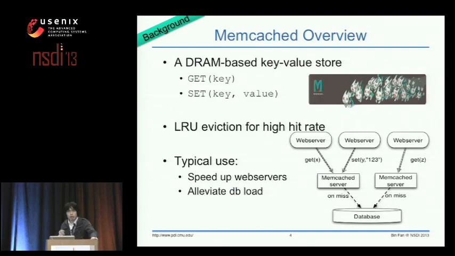Before we go to our solutions, I would like to introduce a little more about Memcached. Memcached is essentially a key-value store, but it uses main memory as the storage. It provides a hash table-like interface, so clients can talk to the Memcached server over the network, set a key and value association, and also get a value given the key.